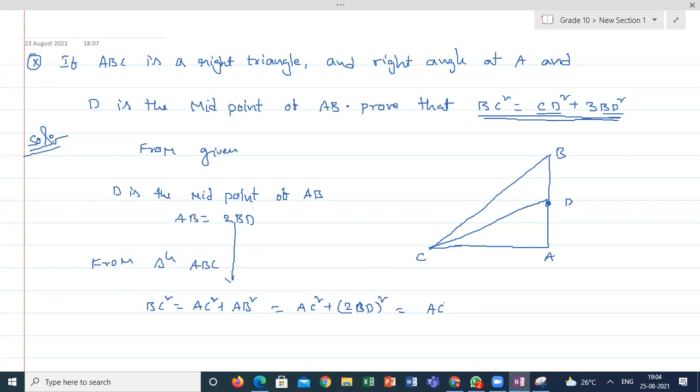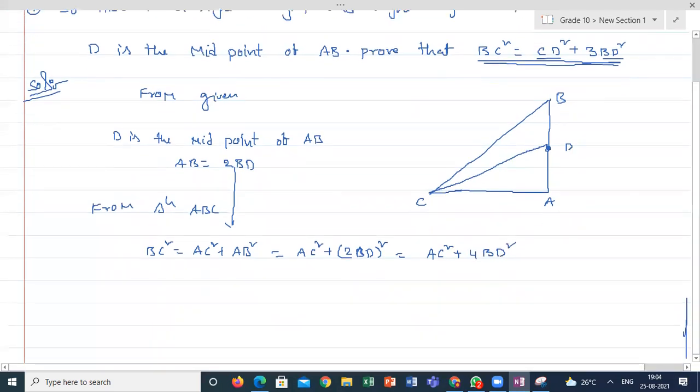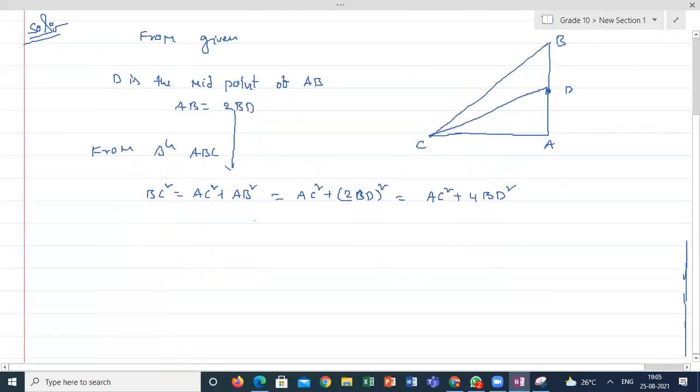This will be AC square plus 4 times BD square. So BC square will be equal to AC square plus 4 times BD square.